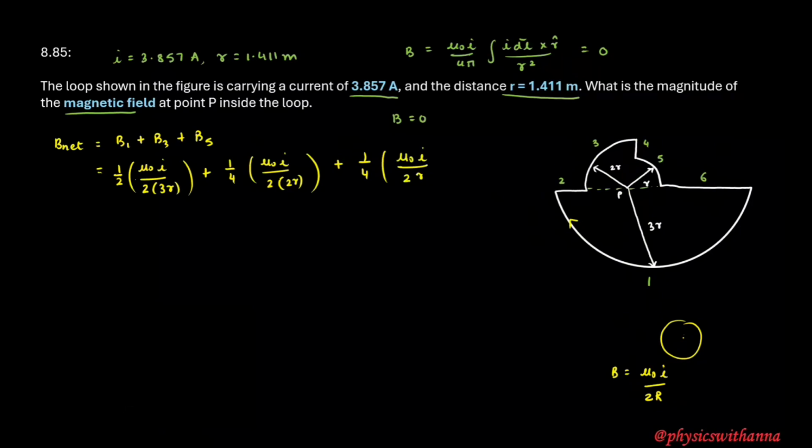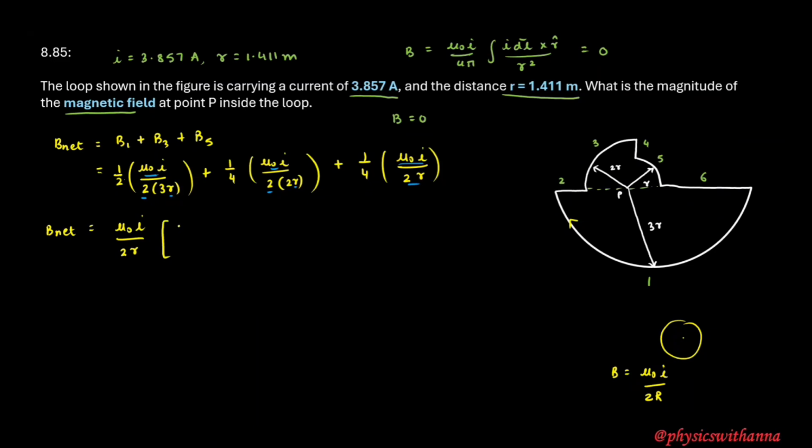Radius is just r. Next, we bring the common terms together. We can take this mu naught I from each term and 2 times R from each of them as common outside. So we get B net to be equal to mu naught I over 2 times R. Now multiply the remaining terms and add them.